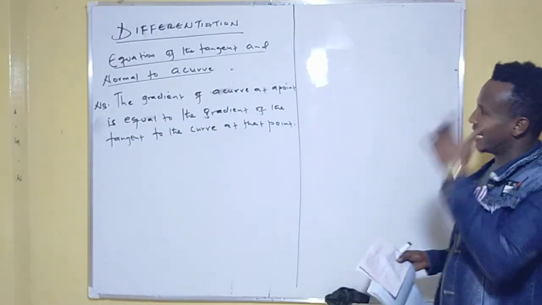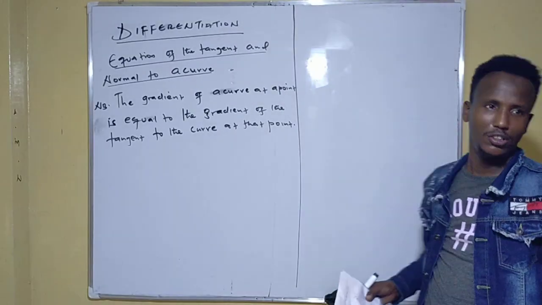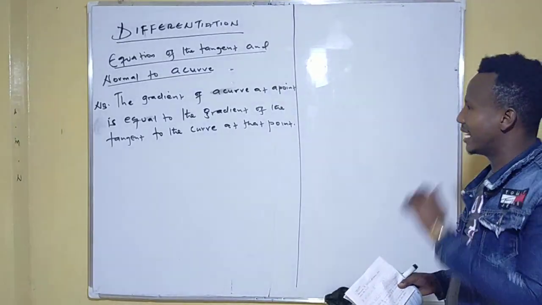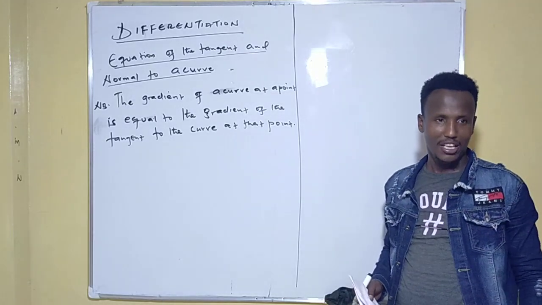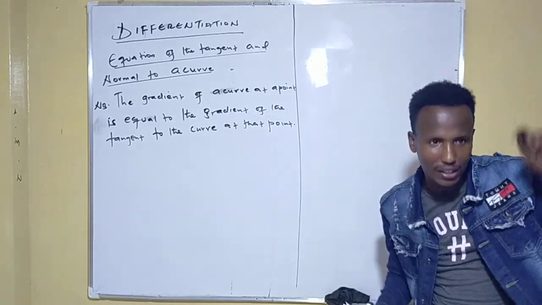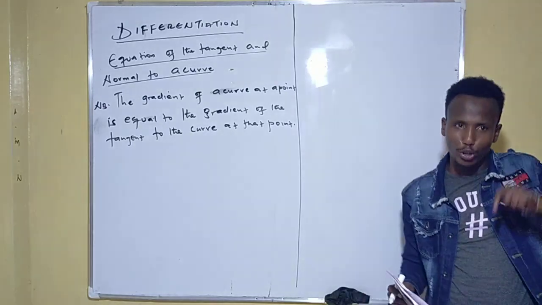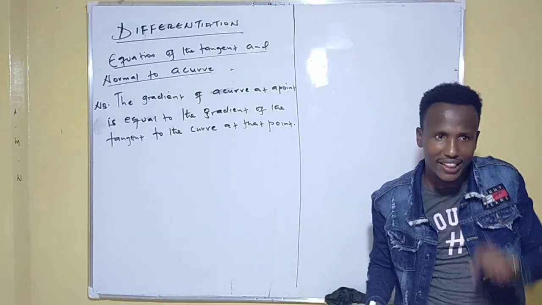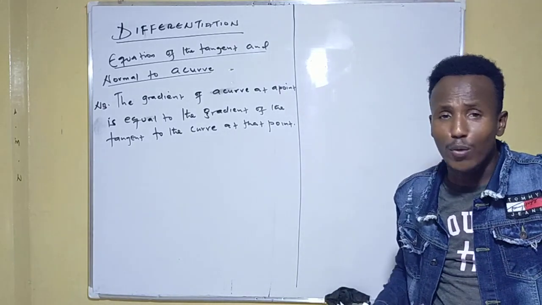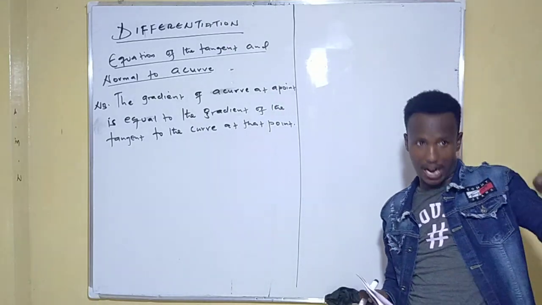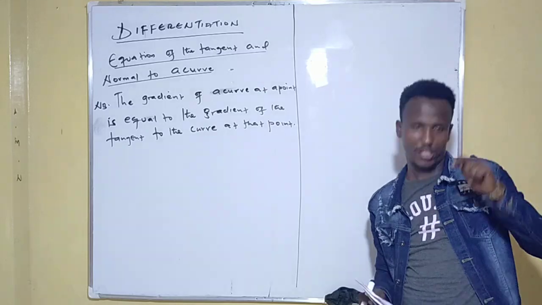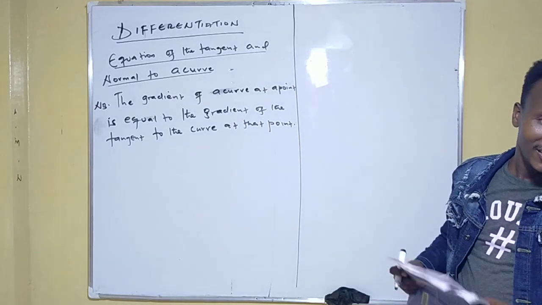They are saying the gradient of a curve at a point is equal to the gradient of the tangent to the curve at that point. What does it mean? It means the gradient of the tangent is equal to the gradient of the curve at the point of contact, where the tangent meets the curve.